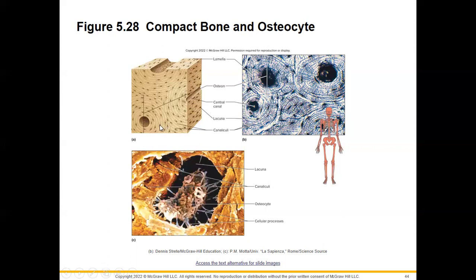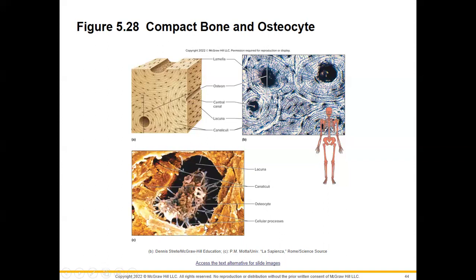So if you take one of these little dots and expand it, that's what your osteocyte looks like inside of the lacuna, the little lake or the little bed that is housing and protecting it, surrounded by this matrix that's made up of collagen and mineral salts like calcium.